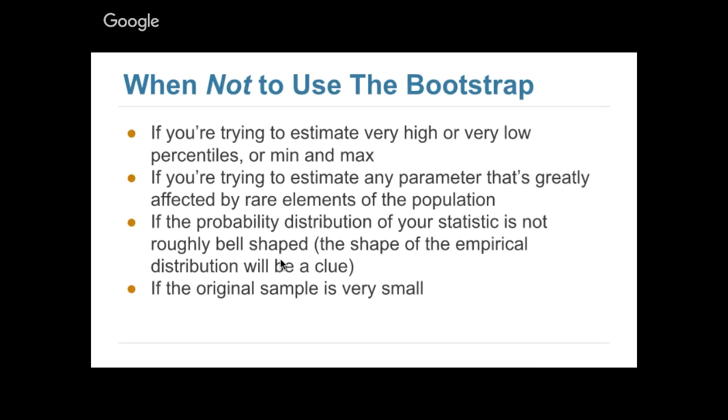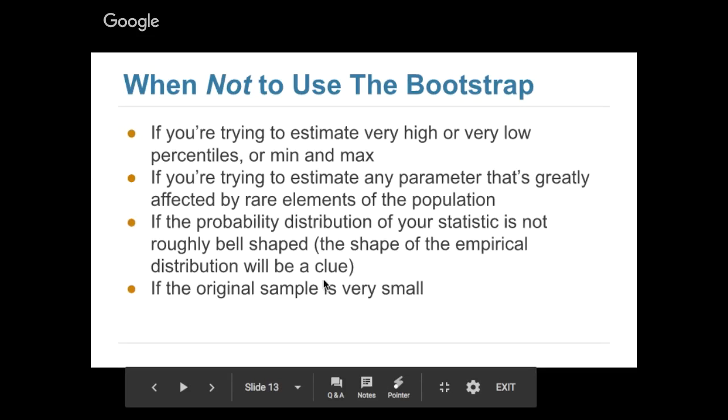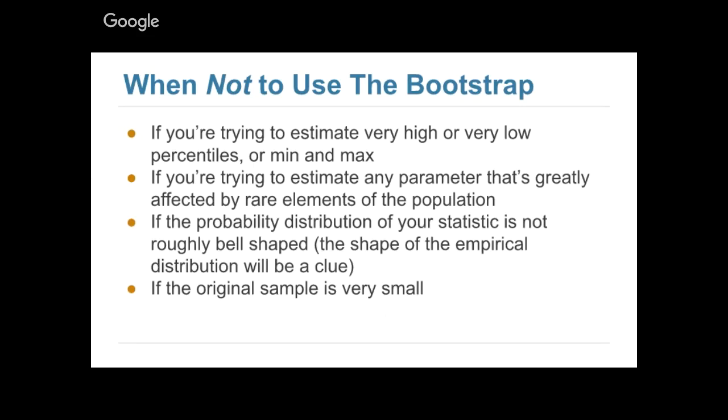Okay, so this seems like a kind of random criterion. Basically, you want your original sample to represent your population. It's hard to say exactly where to put the cutoff for when it represents and when it doesn't.